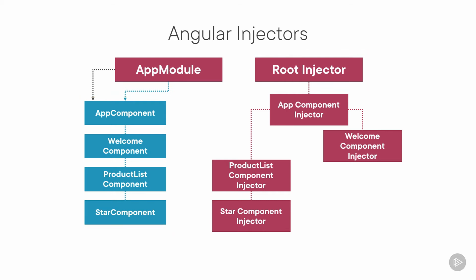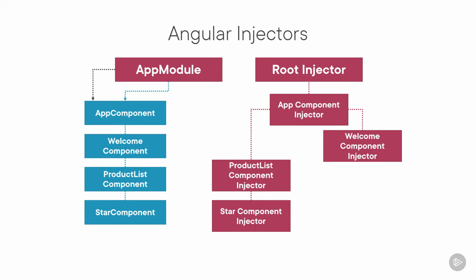A service registered with a specific component is only available to that component and its child or nested components. For example, if a service is registered with the product list component's injector, the service is only available for injection in the product list component and its child, the star component. Note that a service does not need to be defined in an Angular module.